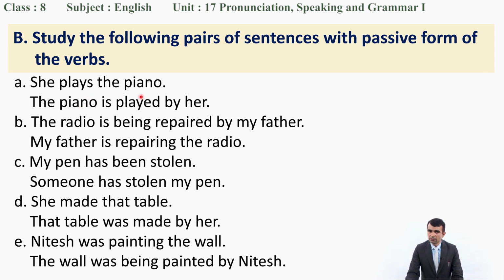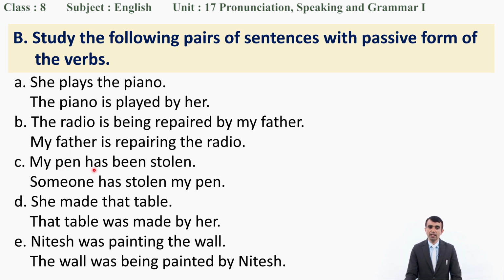She plays the piano. Passive form: the piano is played by her. Now B, the radio is being repaired by my father. Here the passive structure is given first, and for the active form, the object should be subject. After by, what is there? My father. So my father is the subject. My father is repairing the radio.